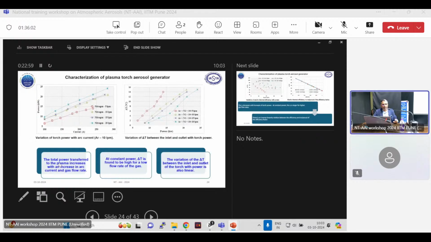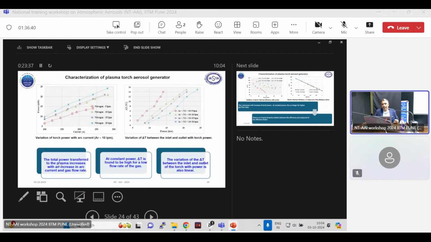And then we have characterized the generation characteristics of this plasma torch. Once we increase the applied current to the plasma torch, then our power will increase. And if we increase the gas also, then the power will also increase. So we need to operate at a reasonable power, because when we operate at low power, the plasma flame may flicker, so complete evaporation may not happen.